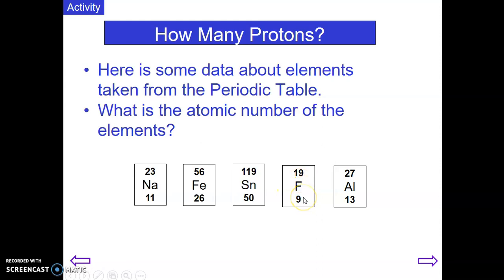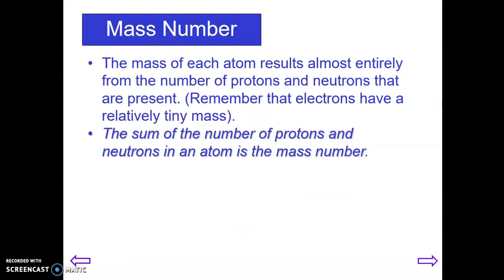Fluorine, the smaller of the 2 numbers is 9, therefore it has 9 electrons, therefore it must have 9 protons. And aluminium, the smaller of the 2 numbers is 13, so the atomic number is 13. That tells you it has 13 electrons in each atom, and therefore it must have 13 protons in each atom. So those are the atomic numbers of those 5 elements.